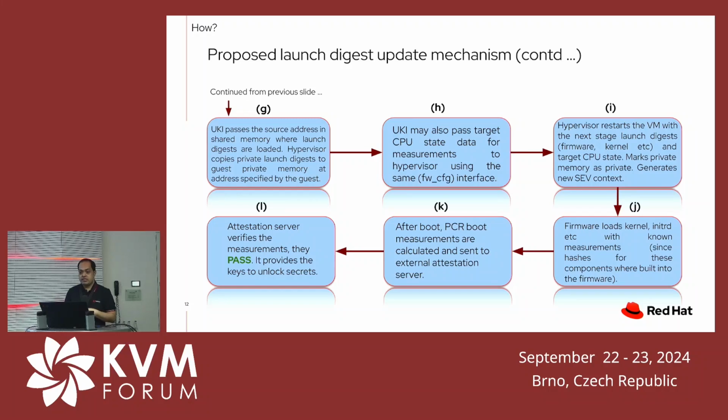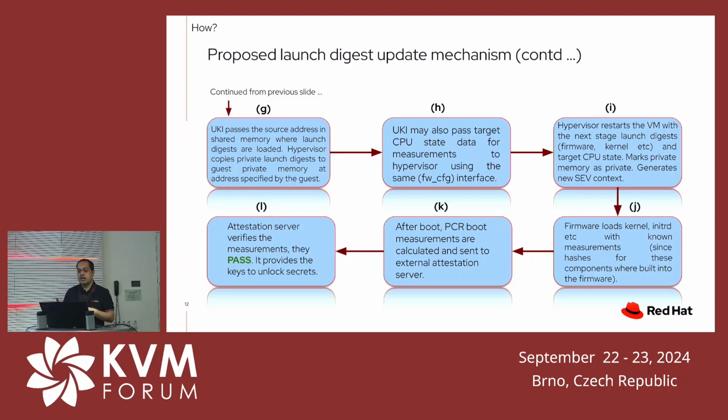And so then what the hypervisor does is that it restarts the virtual machine, but it throws away the existing contexts, and it restarts the virtual machine with a new CPU context. And along the way, it also makes the private memory private.